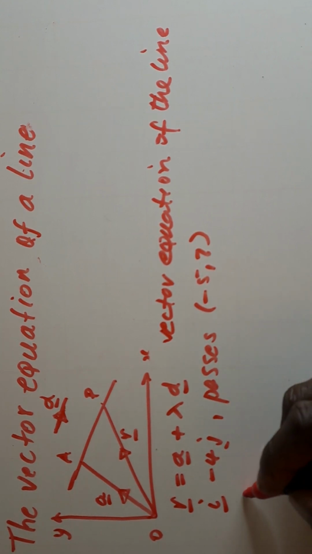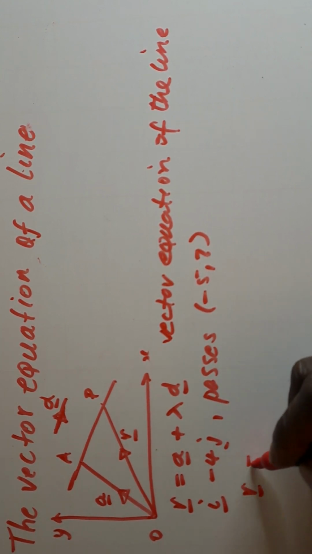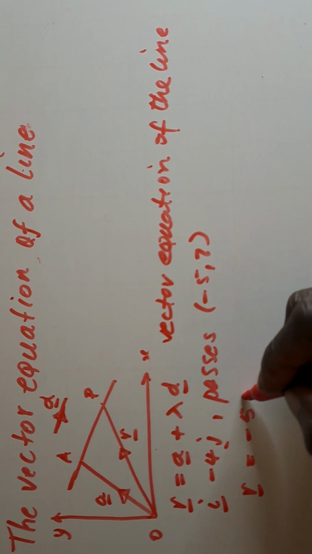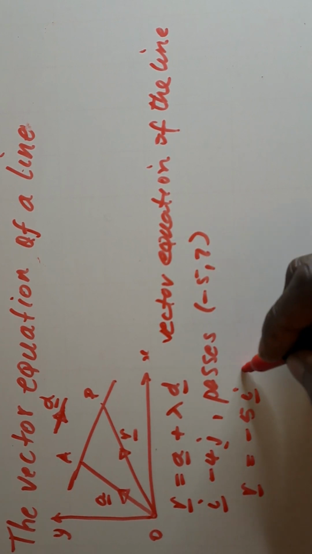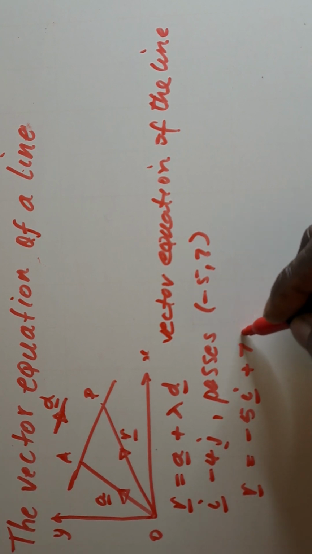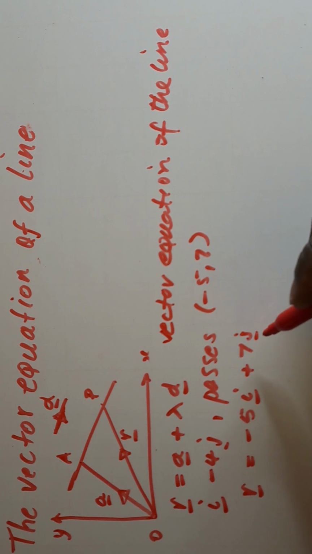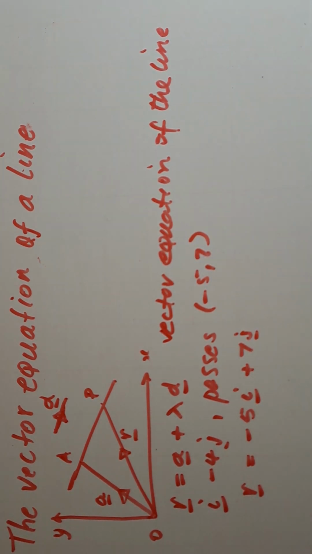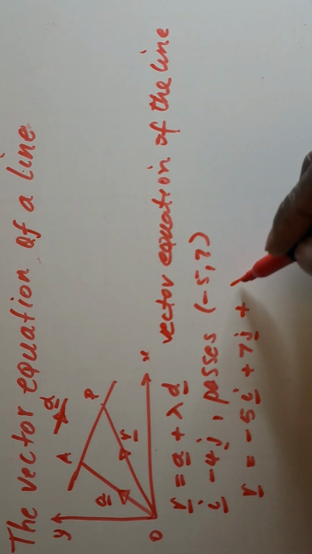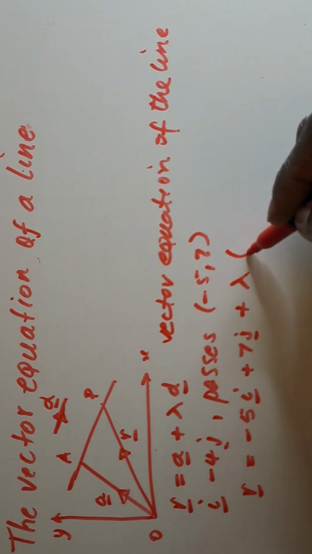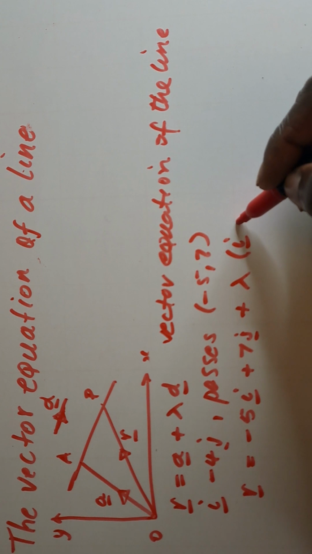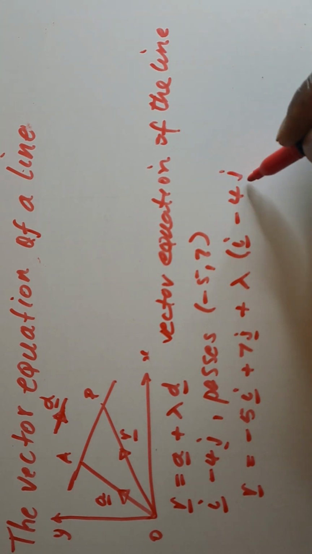We can find that R is equal to minus 5i plus 7j added to lambda times i minus 4j.